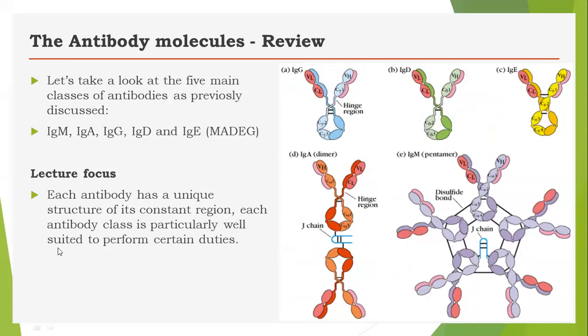Okay, so as you might remember, we have 5 classes of immunoglobulins, which are M, A, G, D, and E. And the focus of this particular lecture on antibody molecules is basically to understand the unique structure in terms of the constant region and how it interrelates to its function, and also appreciate the different structural variants of these individual molecules and how they relate to their function.